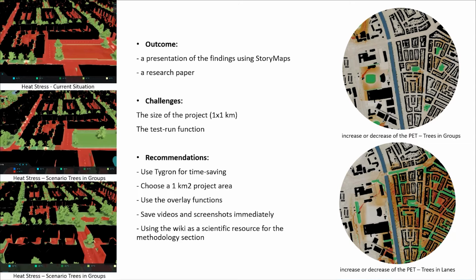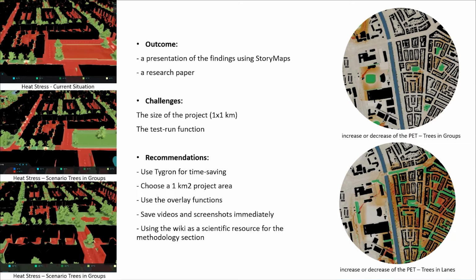Yeah, so I wanted to find out which way of planting trees was the most effective to reduce heat stress. So I had two situations. One with trees placed in lanes along the road, and one placed in groups.